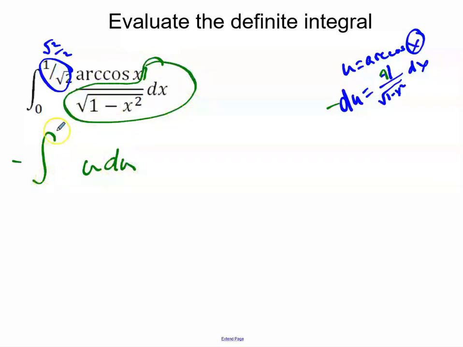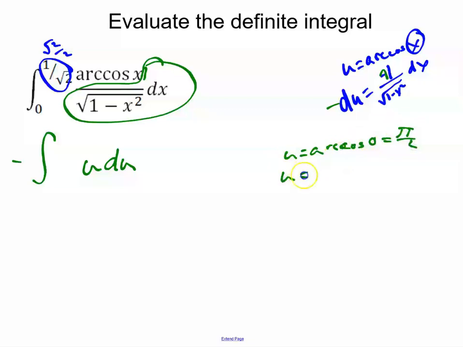I do have to change my limits, because I changed the variable. So for my u, I figure out what the arc cosine of 0 is. That's asking the cosine of what angle gives me 0, and that's pi over 2.